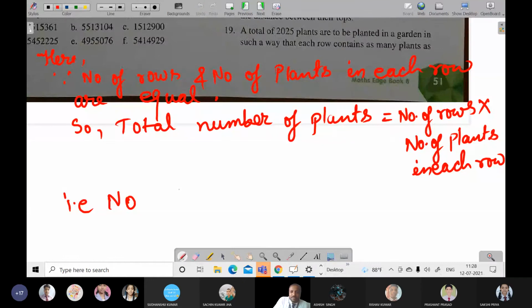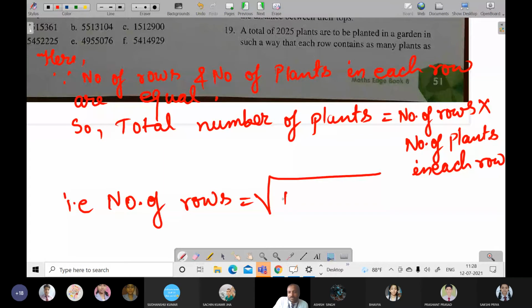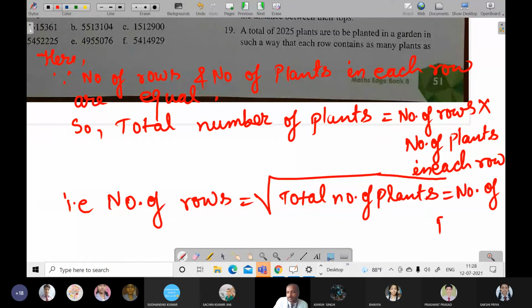So the number of rows is equal to root under the total number of plants, and that will be equal to the number of plants in each row.